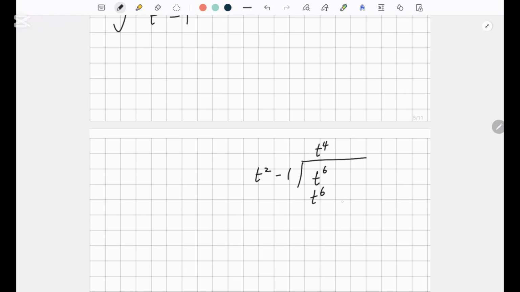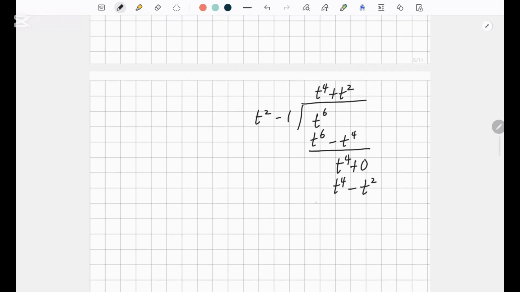T to the power 4 into minus 1 is minus t to the power 4. T to the power 4 comes down. Since there are no other terms, you can just write plus 0 over there. T to the power 4 divided by t to the power 2 is t to the power 2. T to the power 2 into t to the power 2 is t to the power 4, minus t to the power 2. So you guys get what I'm doing, right?